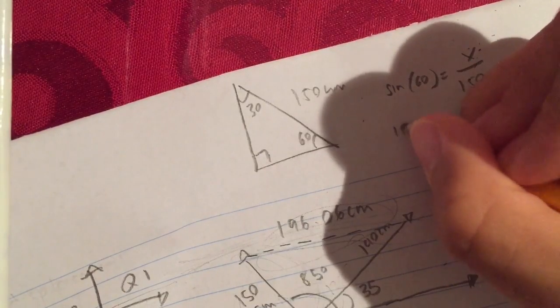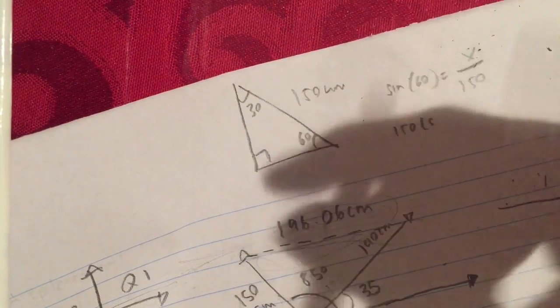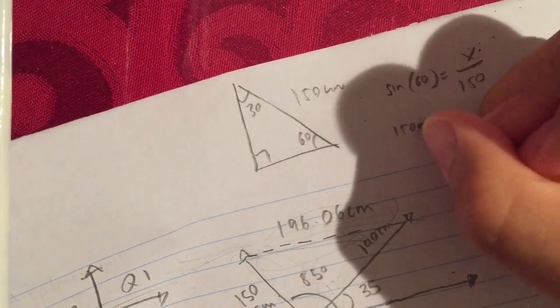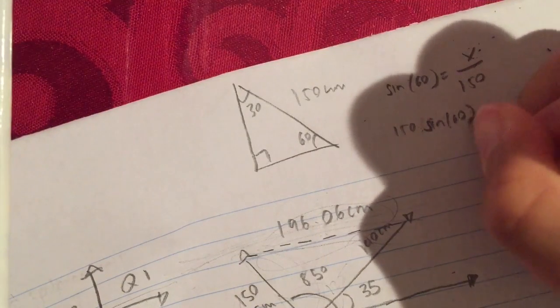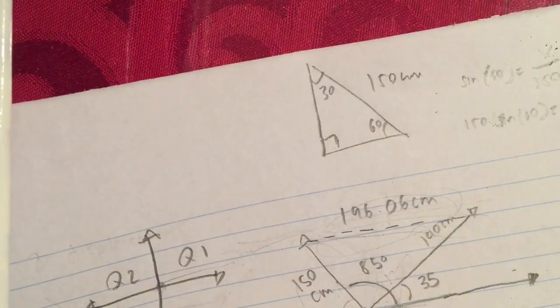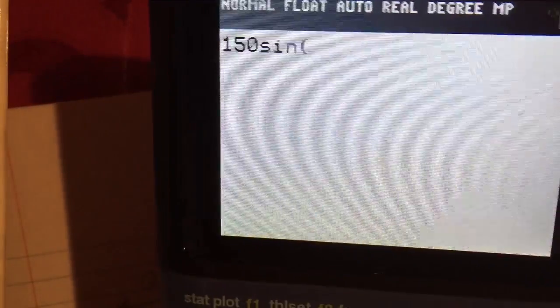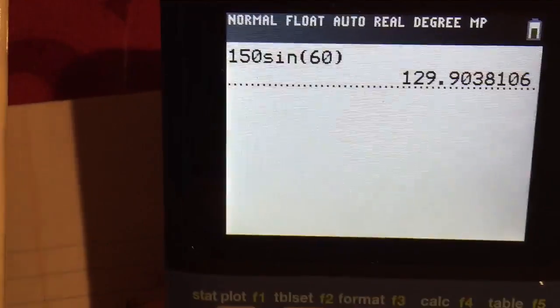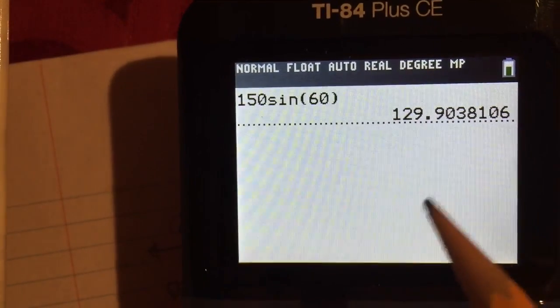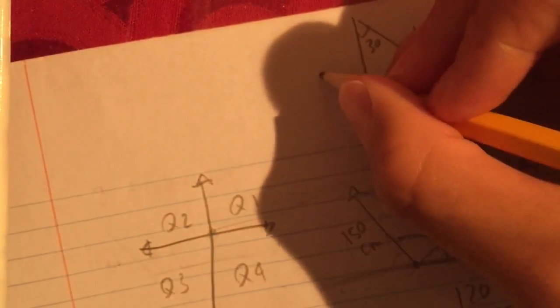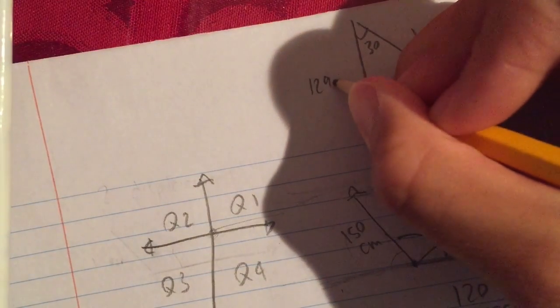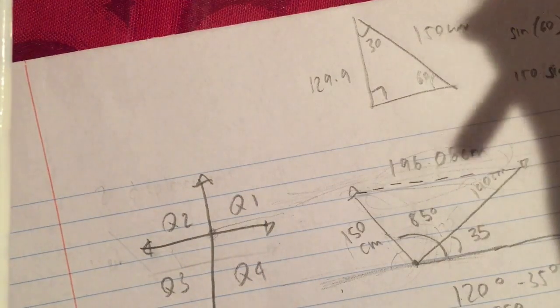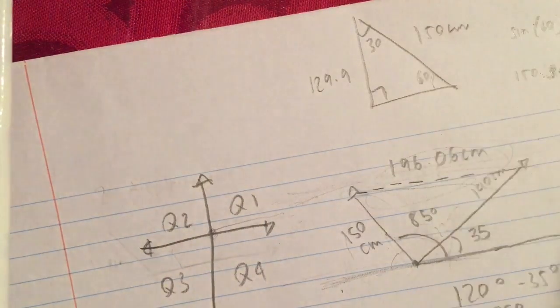So 150 sine of 60 would equal x. So put that in a calculator. 150 sine of 60. So we know that x is this value right there, 129.9. And so we know this height.